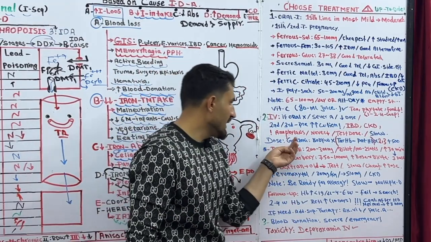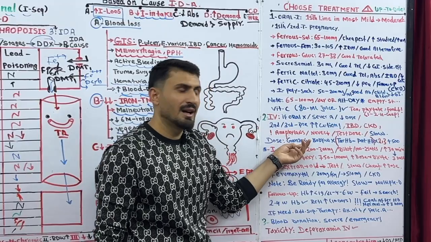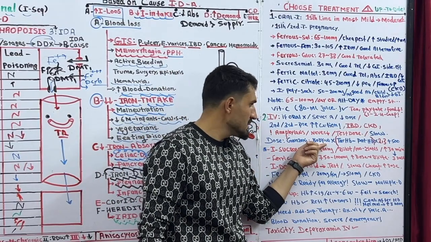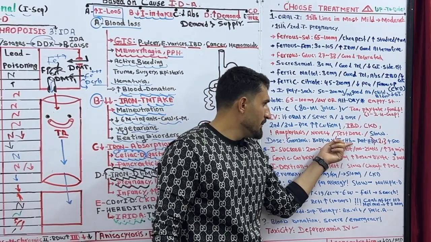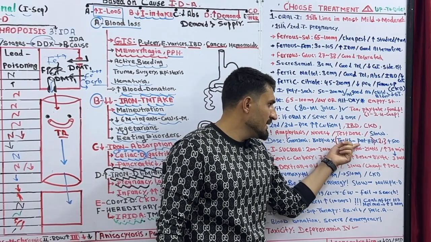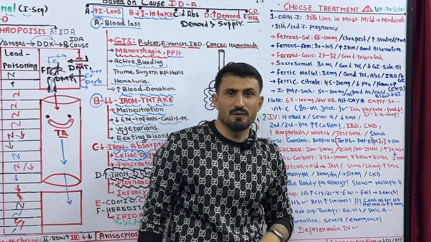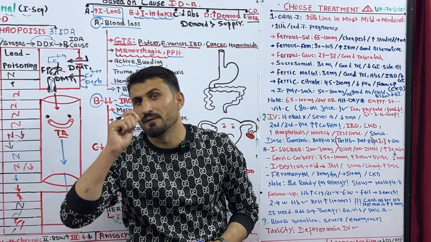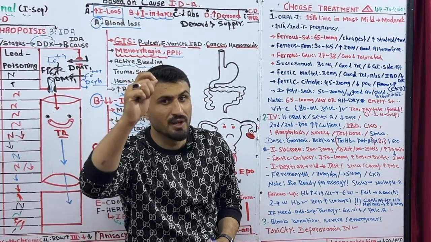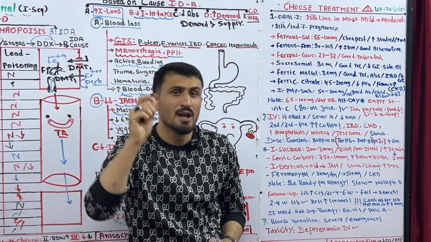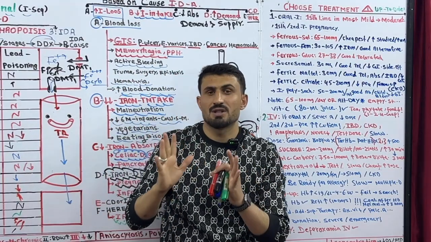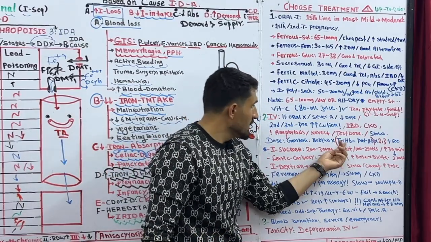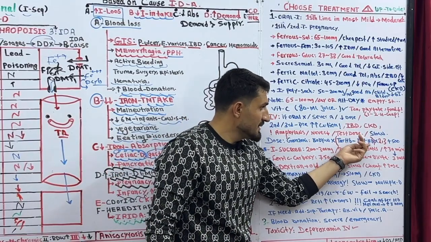Based on the Ganzoni formula, you can calculate it: you take the body weight of the patient and multiply it by the target Hb minus the patient's Hb. For example, you want to raise your patient's hemoglobin up to 13, and now the patient's hemoglobin is around 9 or 10, so 13 minus 9.